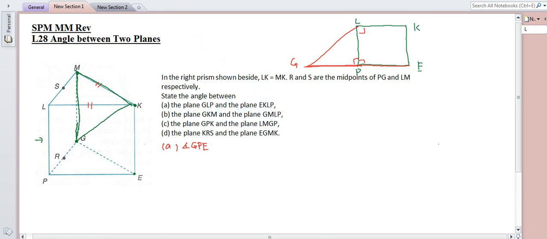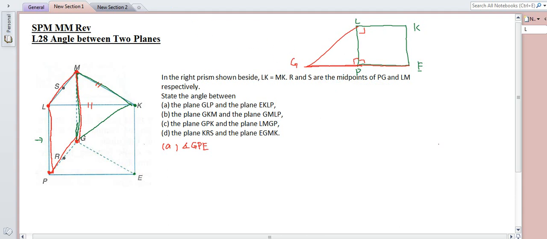So another plane is GMLP. Let me use another color. G, M, L, P. This is another plane mentioned by the question. So where is the line of intersection? Like just now I told you, draw the line of intersection first.